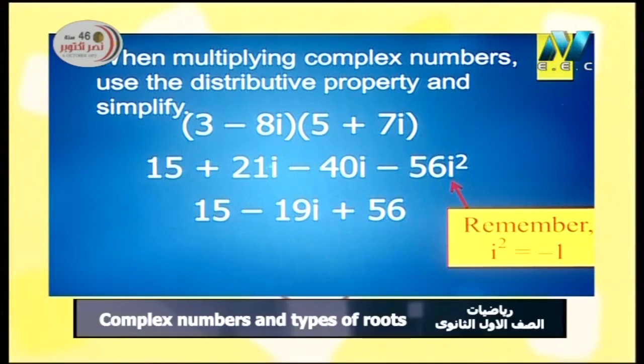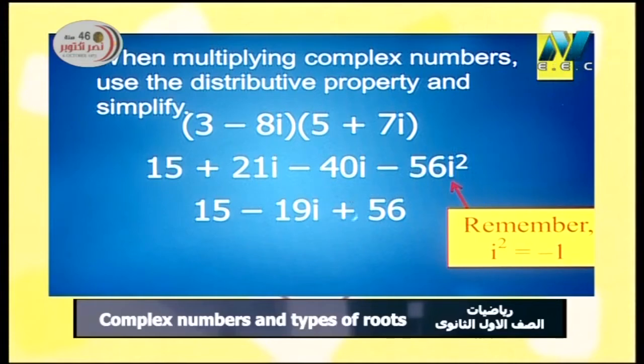Add 21i with what? With negative 40i. The answer will be negative 19i. And remember that i squared equals negative 1. If we multiply negative 1 by negative 56, the answer will be positive 56.